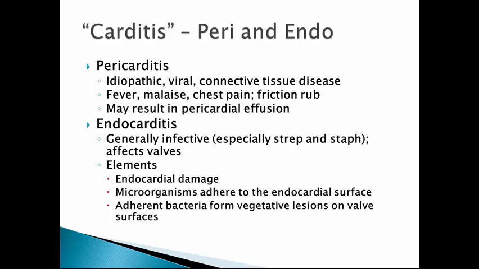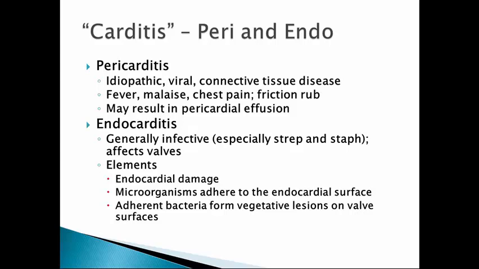It's important, and I expect that you'll be able to differentiate between a pericarditis and an endocarditis. So with a pericarditis, you are looking at outside the muscular sac. We know that the heart is contained in a sac. There's a small space, and then there's the pericardium outside that.